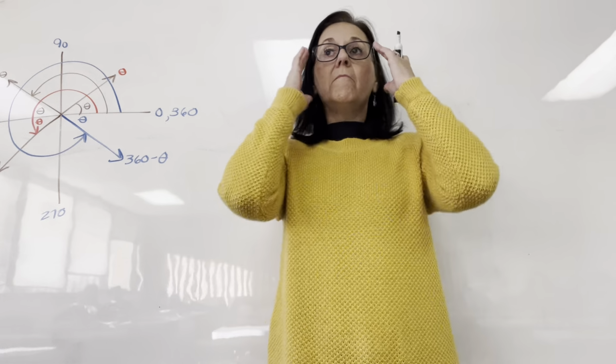All right, so what are we going to do? First, convert both to rectangular. Then we're going to add the rectangular forms.